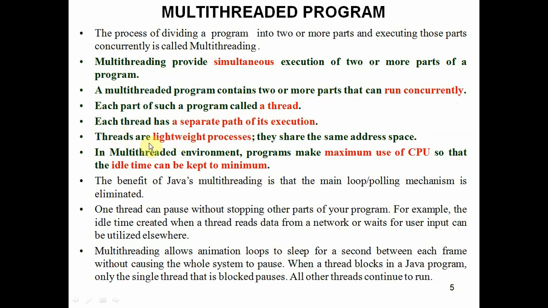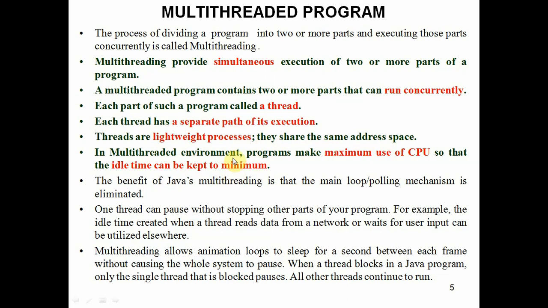That's why threads are called lightweight processes, because those are small parts under execution. And the threads share the same address space, because the single program contains multiple threads. All those threads use the same address space belonging to that particular program.